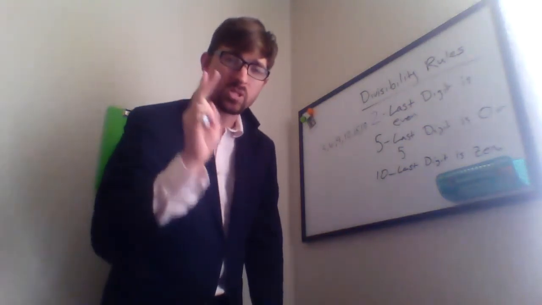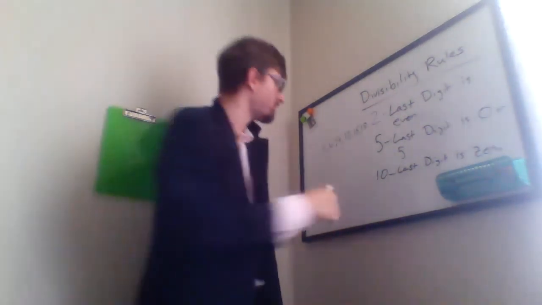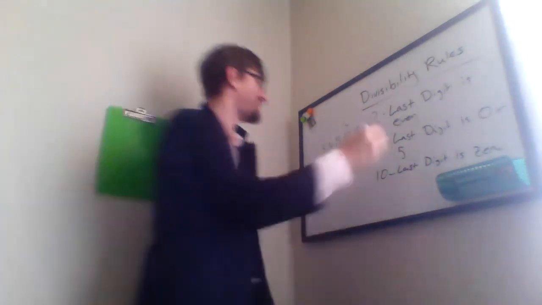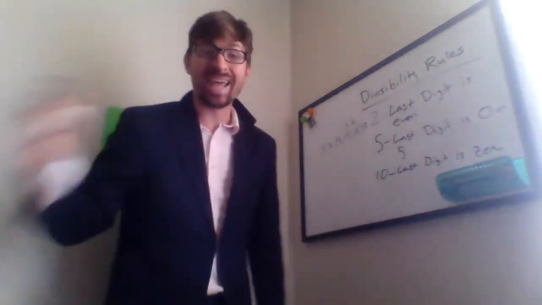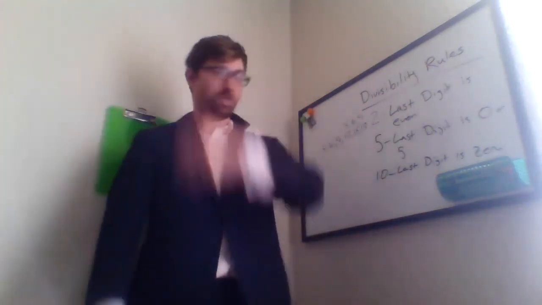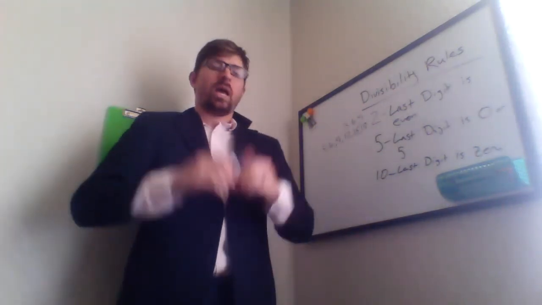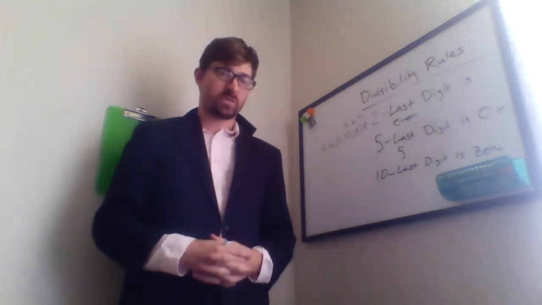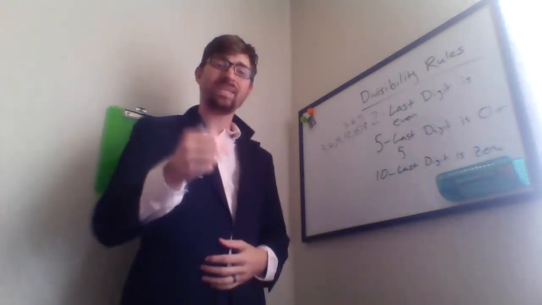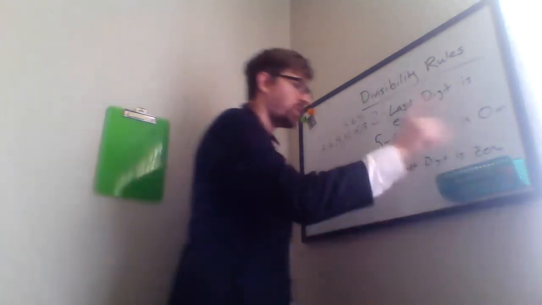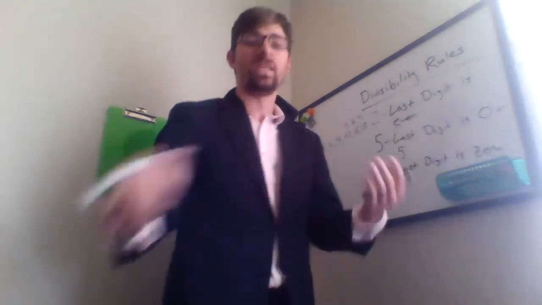What's 1 plus 2? 3. What's 1 plus 5? 6. What's 1 plus 8? 9. Do you follow me? When we add the digits, or the sum of the digits, equals 3, 6, or 9, it's divisible by 3. Let me go ahead and write that down for us, and then I will give you an example.